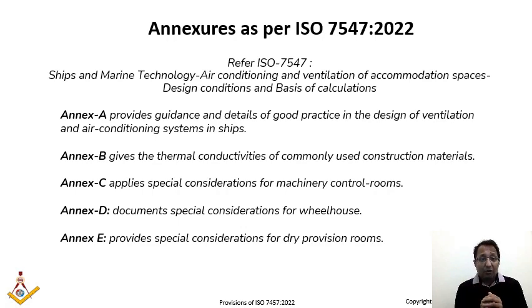Annexure D talks about special requirements of the wheelhouse. The wheelhouse is a place where the captain is sitting and controlling the ship. So what is the HVAC requirement for that, and what are the considerations we need to make, everything is covered in Annexure D. Then Annexure E talks about special considerations for the dry provision stores.